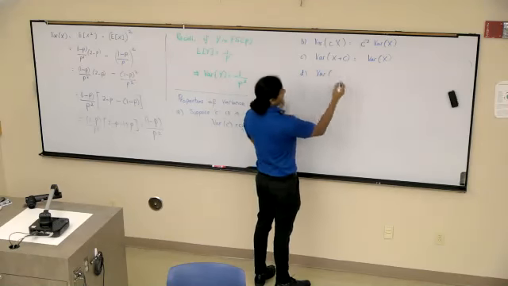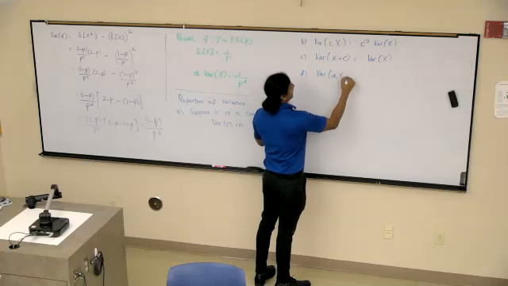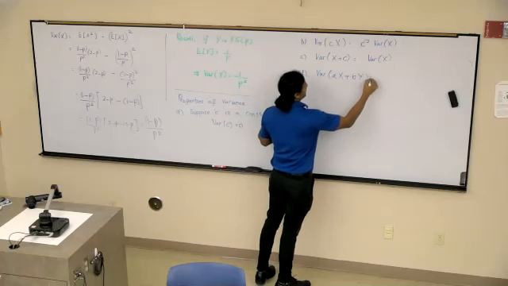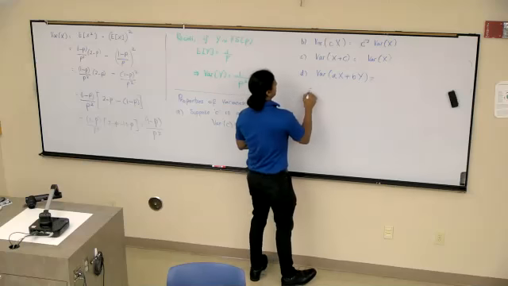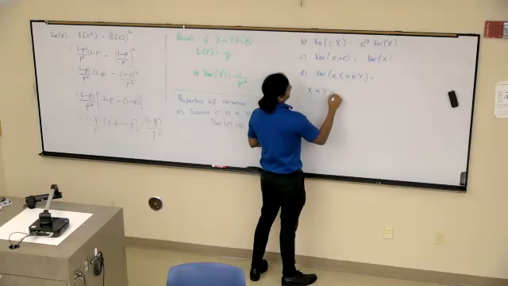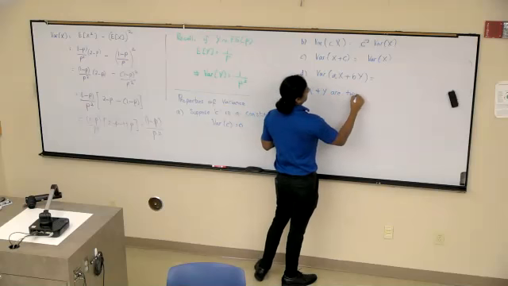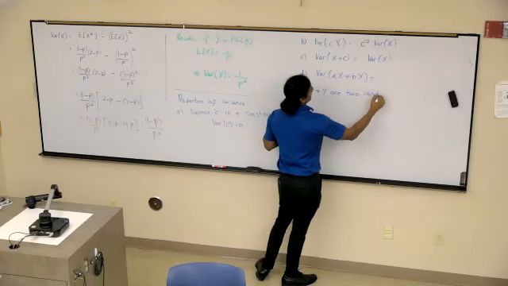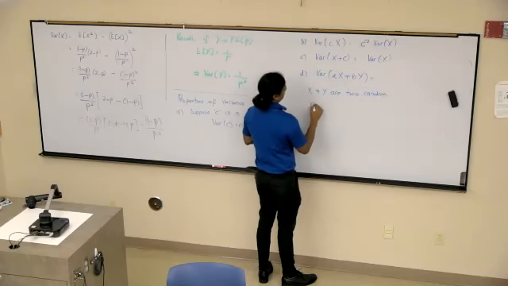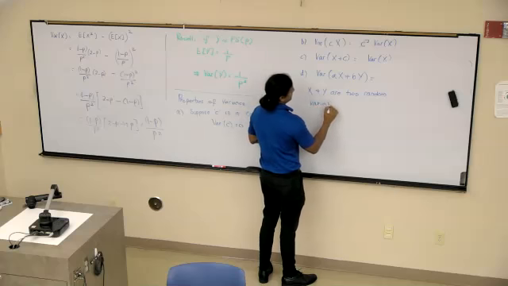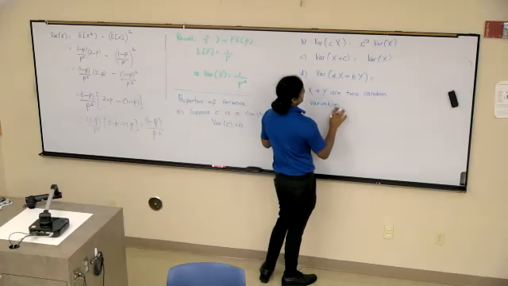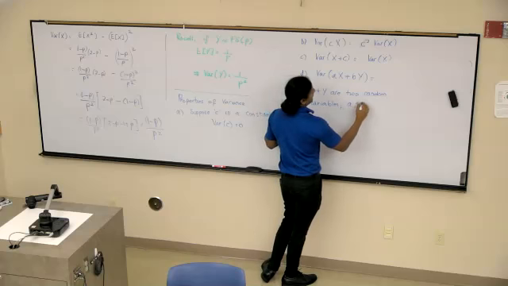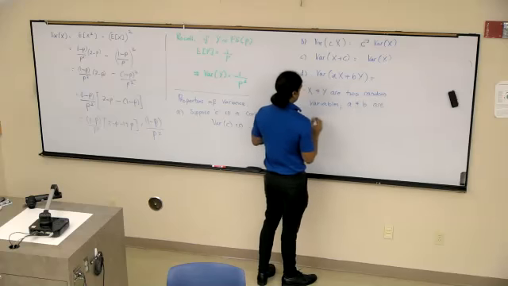That said, what is the variance of AX plus BY, where X and Y are two random variables, and A and B are two constants?